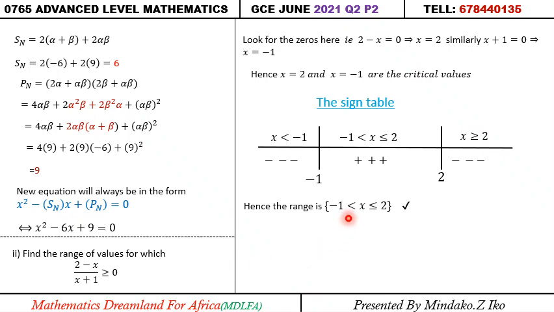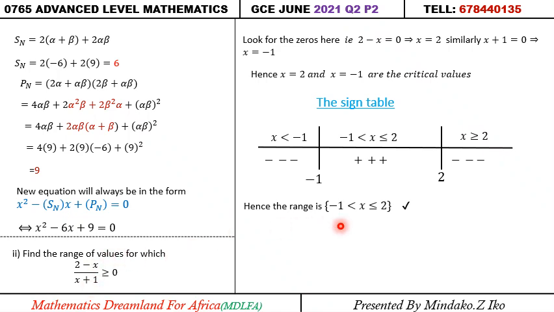So why did I choose to use strictly less than here? Because if x is -1, this function will be undefined. If I put -1 plus 1, that is 0, and any number divided by 0 is undefined.